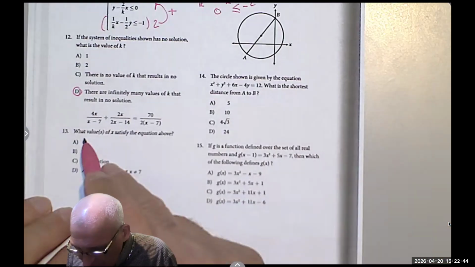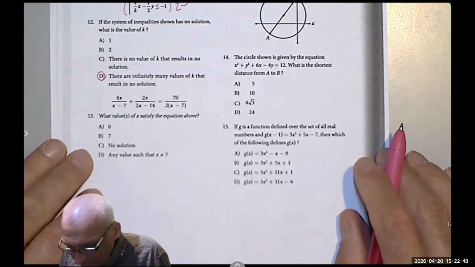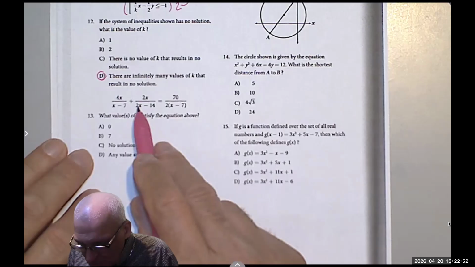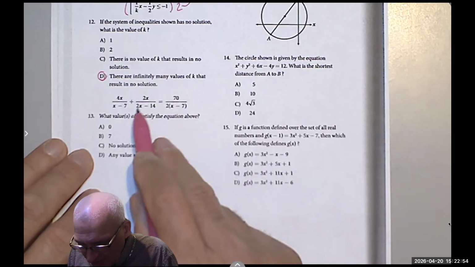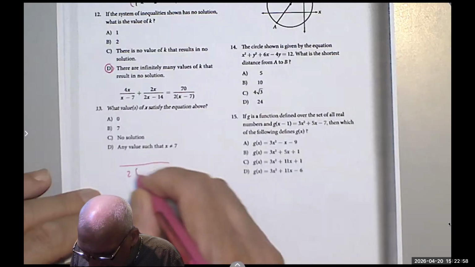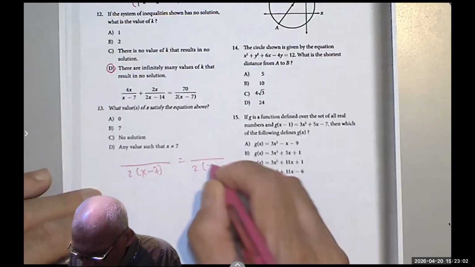Okay, what value or values of x satisfy the equation above? Alrighty, you see that this guy is 2 times x minus 7. So you can take 2 times x minus 7 as a common denominator.